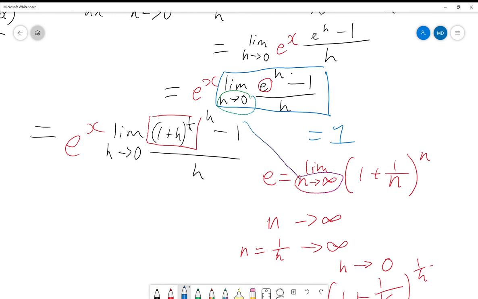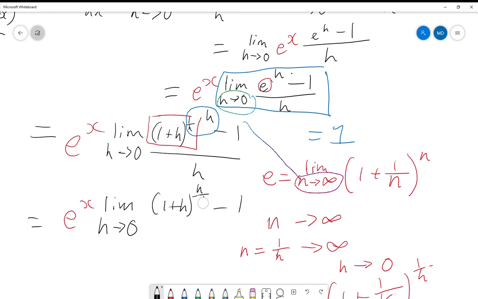And now, the key thing here is this power to the power. That's just going to simplify to multiplying them. And so this is going to be equal to the limit as h tends to 0 of 1 plus h to the power of h over h, times (h minus 1) over h.